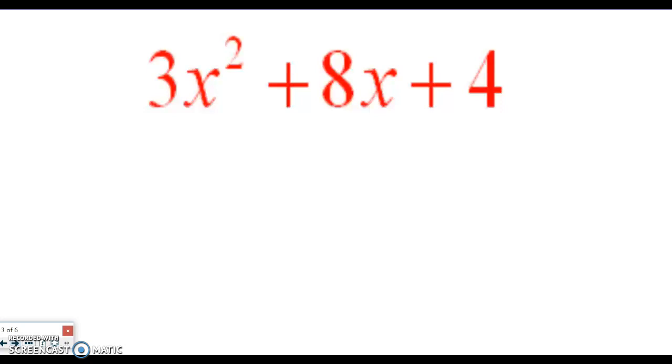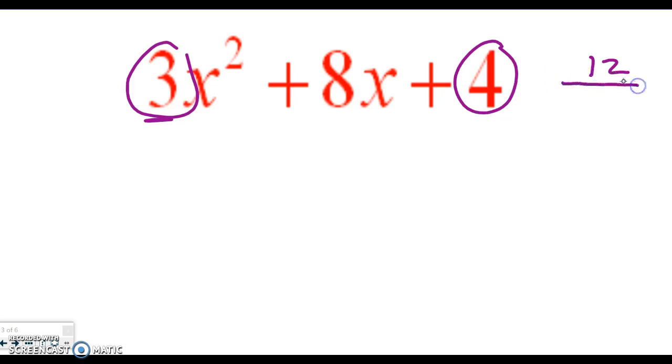Look at this one. All right, so I have 3x squared plus 8x plus 4. Again, one different than the ones that didn't have that on there. Okay, my first step, if you remember, multiply this and this together, we get 12. All right, so now what I want to do is find factors of 12, positive 12, that add up to positive 8. All right, so you can come up with those factors right off the top of your head.